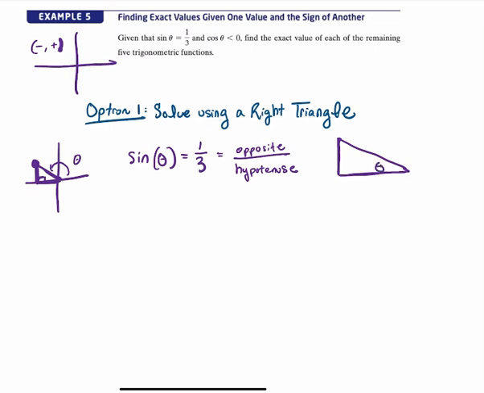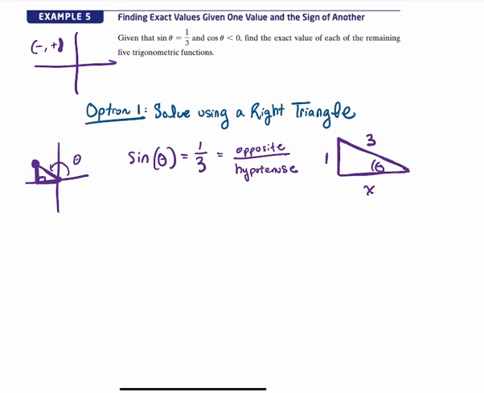So let's say this is our angle. Sine is opposite over hypotenuse, so the opposite side length would be here, and the hypotenuse is 3. So notice we're outside of the unit circle because we're beyond a radius of 1 here. That's where it's helpful to use this triangle method. And we saw something like this at the end of our unit circle video. So let's just find this unknown side length. We can call it x for now.